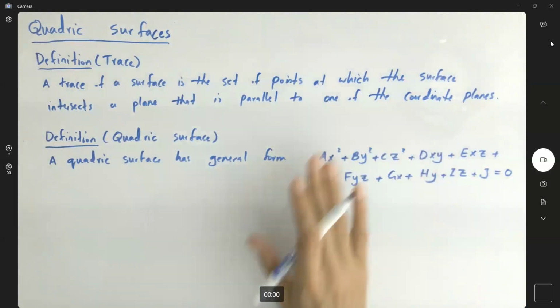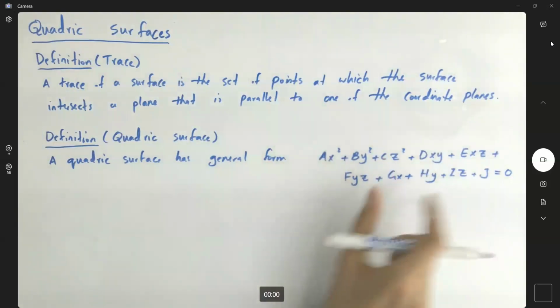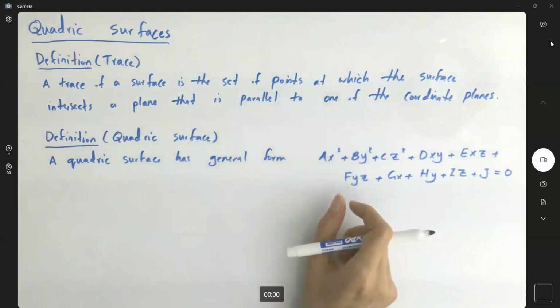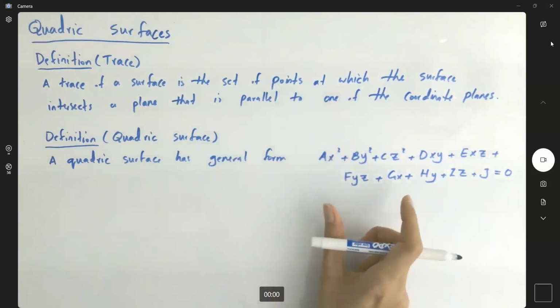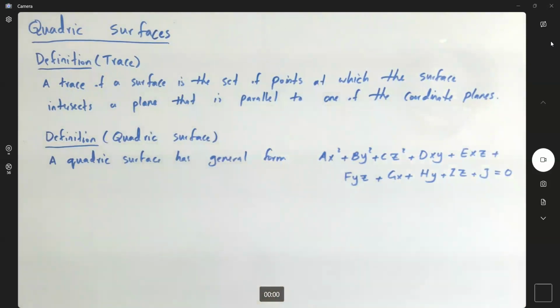As a mathematician, our job is to organize the equation and identify the type of surface that we're dealing with.